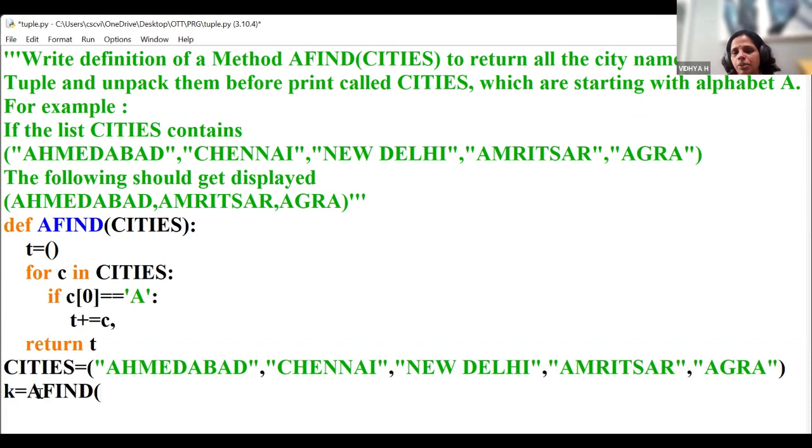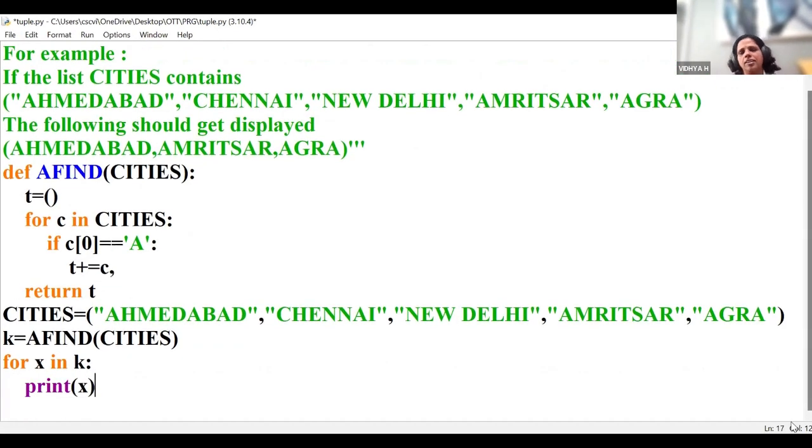Based on this example I know 3 cities, but in general, I call the function in k, then I say for x in k. Now I started unpacking. I print x, so the usual method will come. Now I unpacked the city.